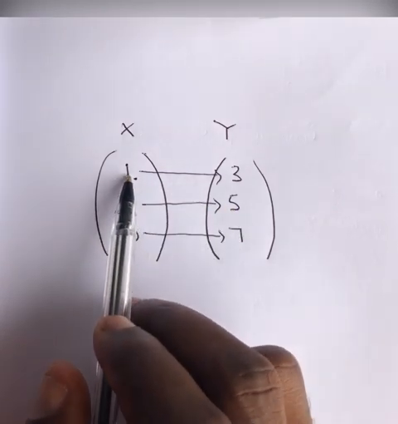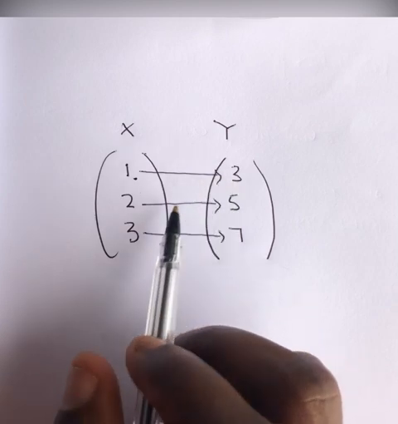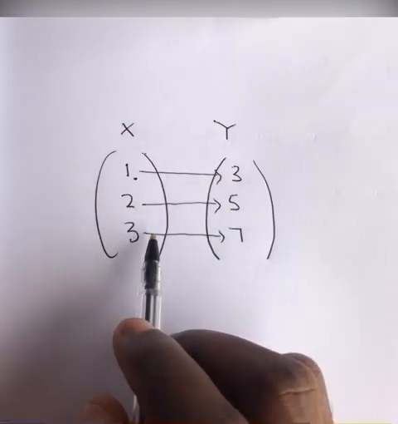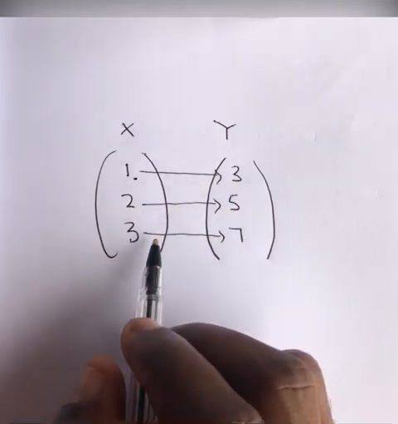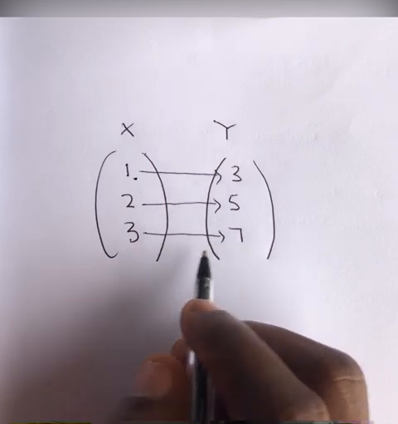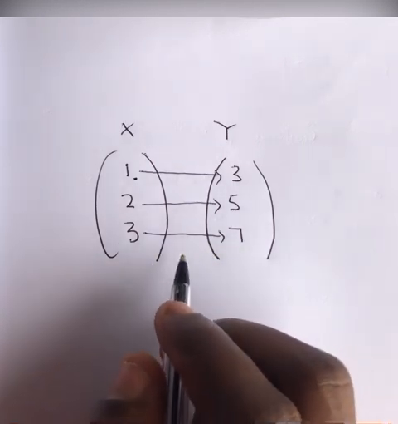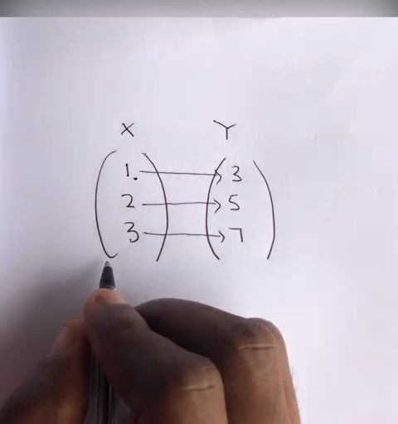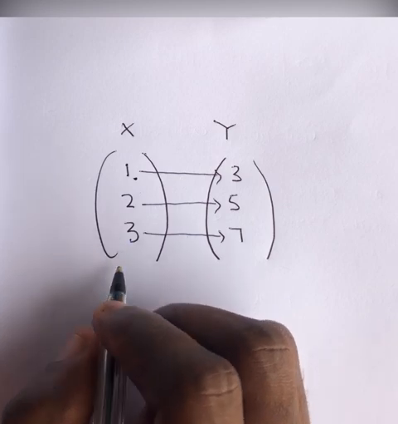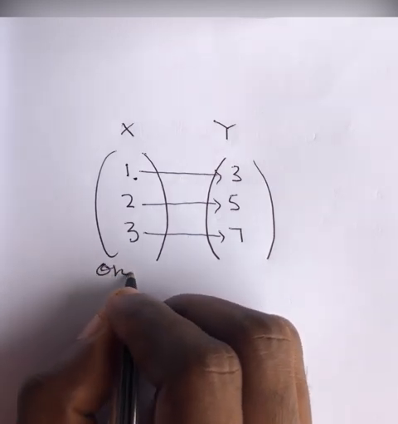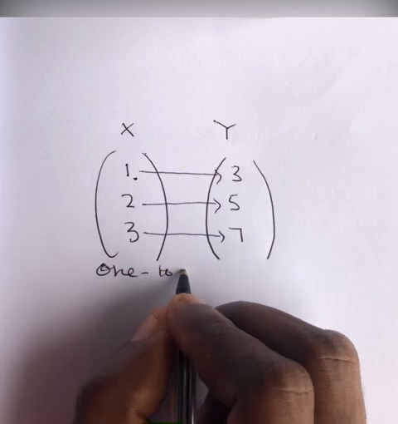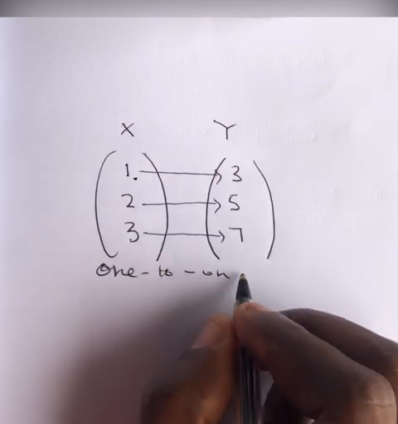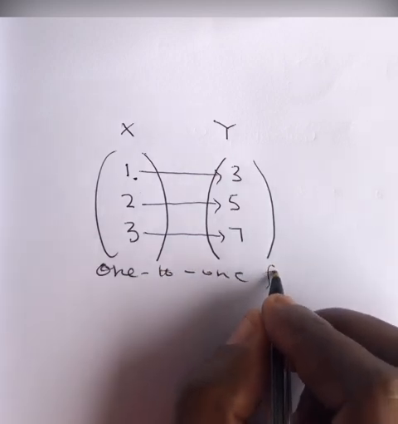So you could see that 1 is mapping onto 3, 2 is mapping onto 5, 3 is mapping onto 7. And this is one-to-one relation. And one-to-one relation is also a function. So this one can be called as one-to-one function.